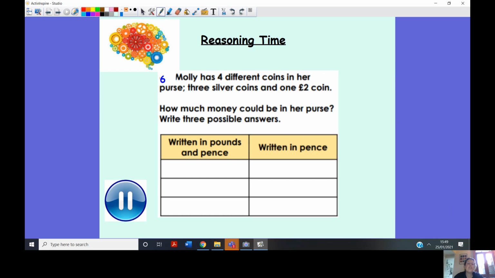Okay, so Molly has 4 different coins in her purse, 3 silver coins and 1 £2 coin. How much money could be in her purse? Write 3 possible answers. Okay, so press pause, have a think about that, and we'll go through some answers together in a minute.